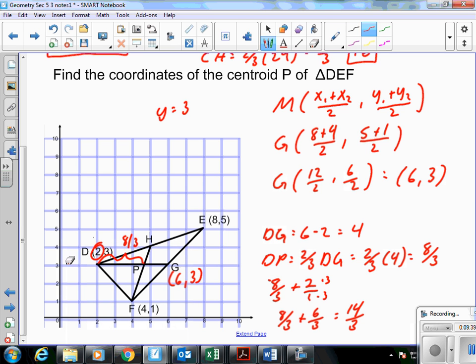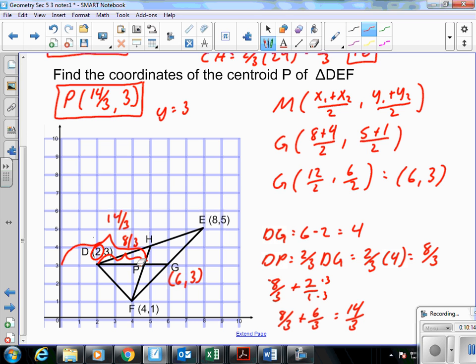So our actual x coordinate from 0 to there is 14/3. So our coordinates for P is going to be the x value, which we just figured is 14/3, and the y value, which is 3. So 14/3, 3 is going to be our coordinates there.